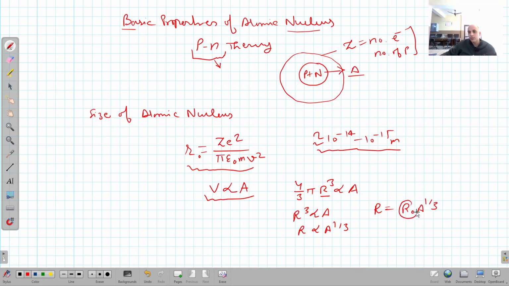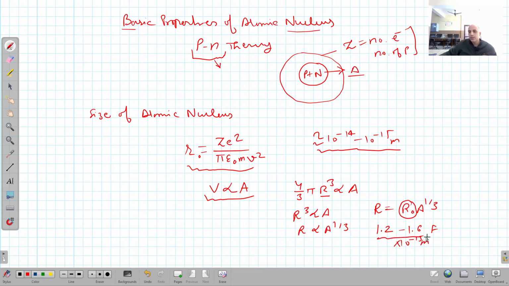Here R naught is the constant of proportionality, and by doing various scattering experiments, it is found that its value varies from 1.2 to 1.6 Fermi. Fermi means 10 raised to power minus 15 meter.